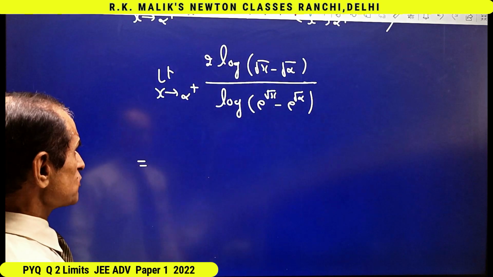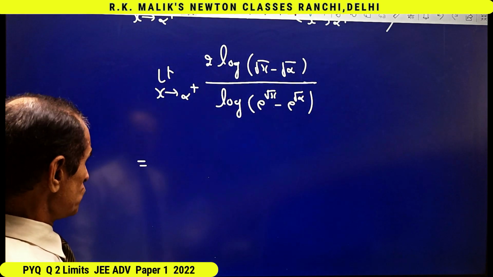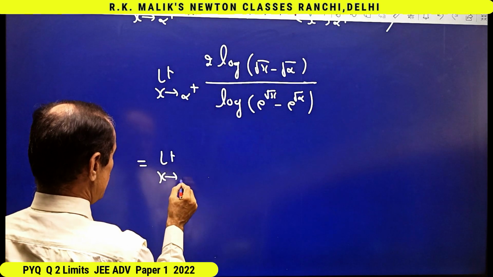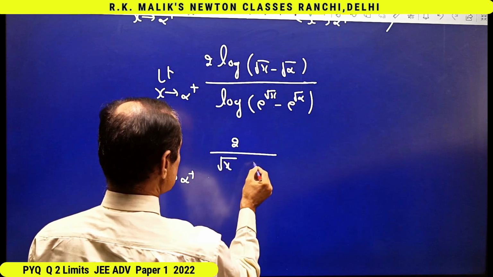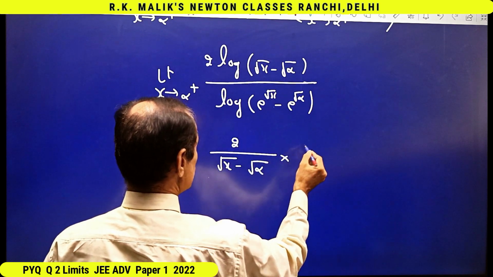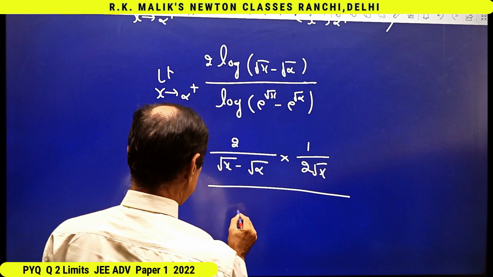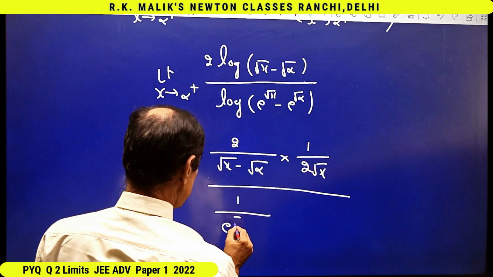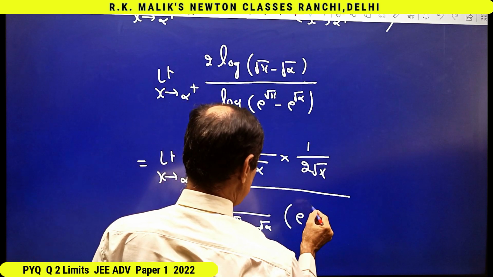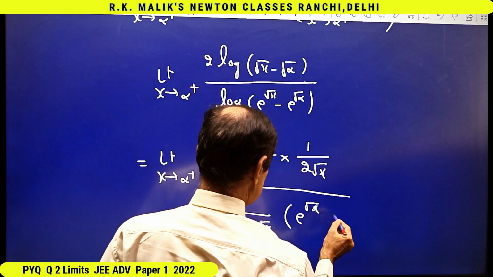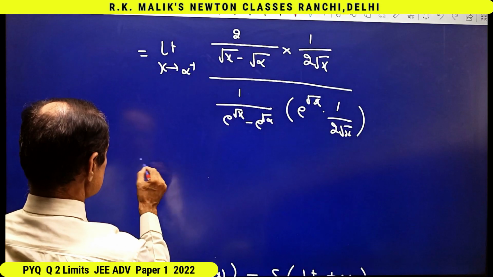Further, there are so many ways of doing this question, but the best will be with the help of L'Hopital's rule. Limit x tends to alpha plus 2 upon root x minus root alpha into 1 by 2 root x upon 1 upon e to power root x minus e to power root alpha into e to power root x into 1 by 2 root x.